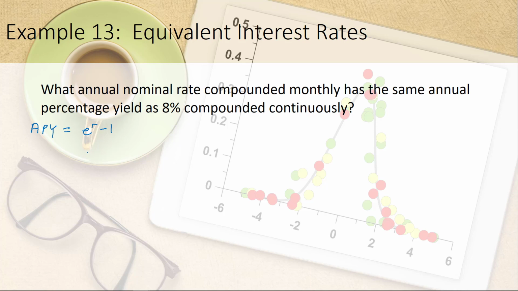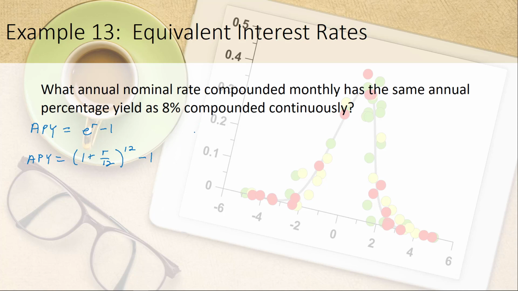For compounding monthly, the annual percentage yield is going to be equal to 1 plus r over 12, since we're compounding monthly, raised to the 12th power minus 1. And notice that here we want to have the same annual percentage yields, and that basically means that these two equations must be equal.